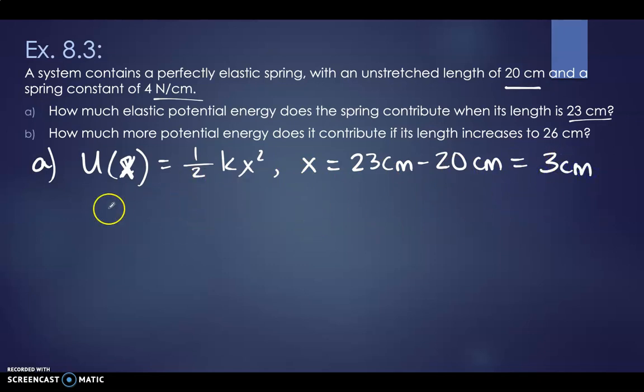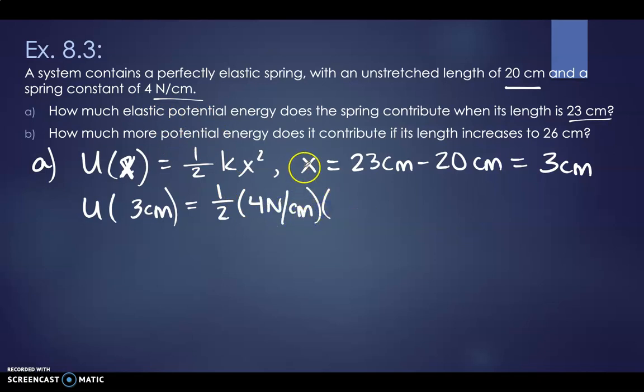Okay, so our U at 3 centimeters is equal to 1/2 times k, our spring constant, so 4 newtons per centimeter, times 3 centimeters squared.